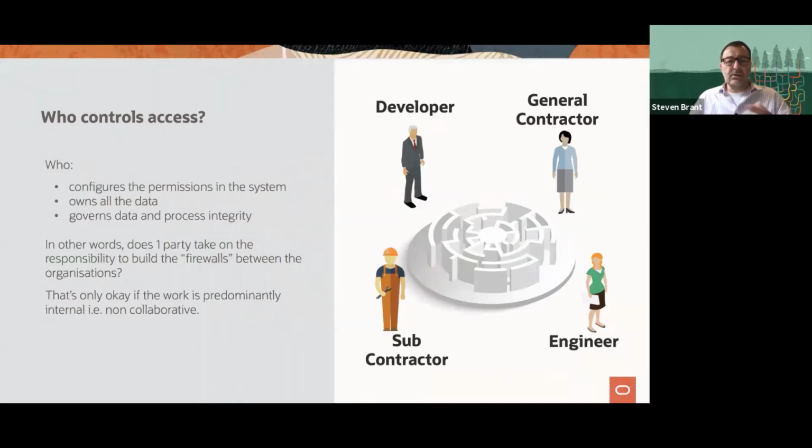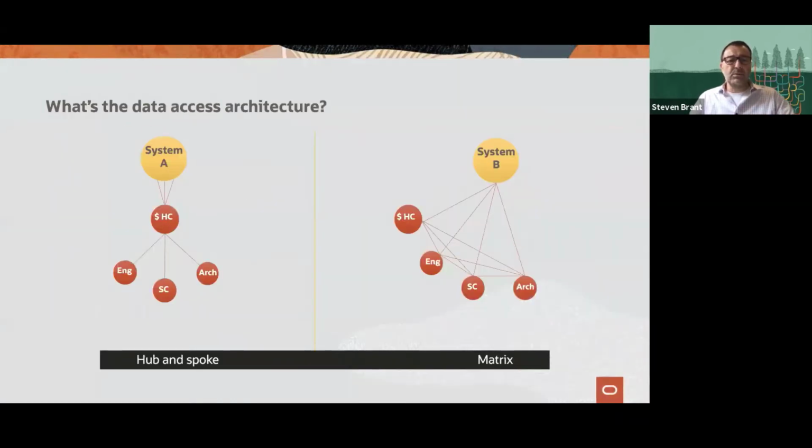And I used a simple example where I introduced the terms hub and spoke and matrix architecture. And I showed that where the head contractor has paid for the system, and if their relationship with the architect, for example, becomes stressed, the architect could be summarily disconnected from the system.